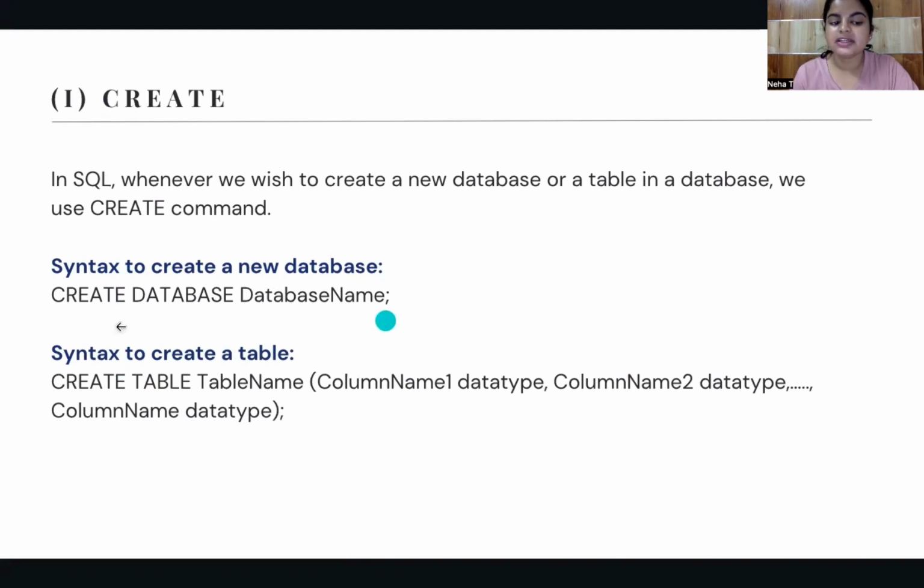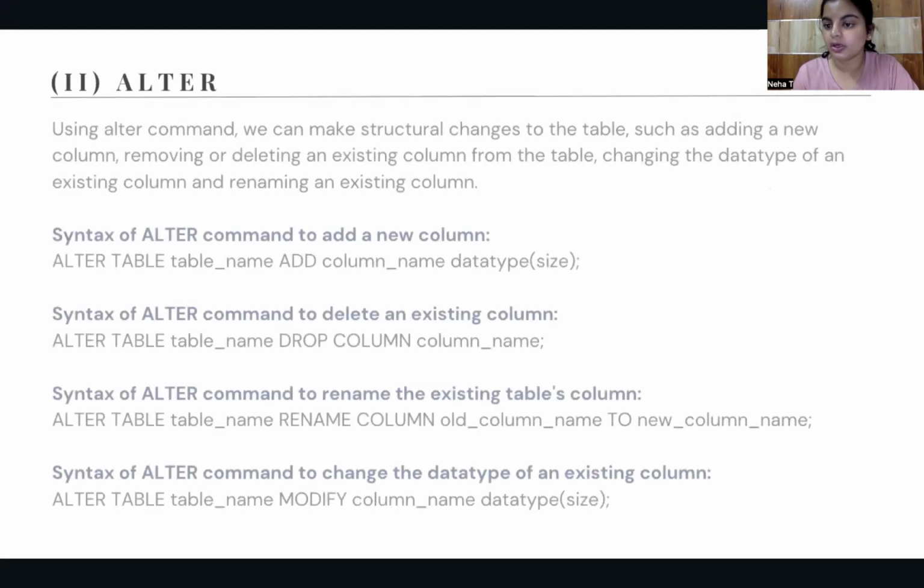So it's like create database, your database name. To create a table, we write create table, the table name, and here we're giving the values also: attribute 1, the data type of this attribute, attribute 2, the data type of that attribute, and so on. So the create command helps to create a new database or a table in the database. Coming to the second one, that is the alter command.